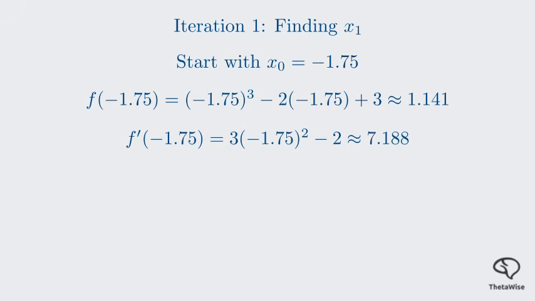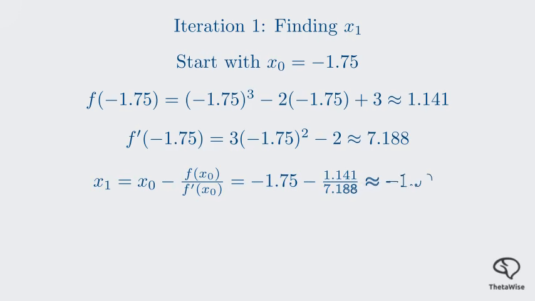Now we substitute these values into Newton's formula. x sub 1 equals negative 1.75 minus f of negative 1.75 divided by f prime of negative 1.75, which is negative 1.75 minus 1.141 divided by 7.188. This gives us our first approximation, x sub 1, of approximately negative 1.909.